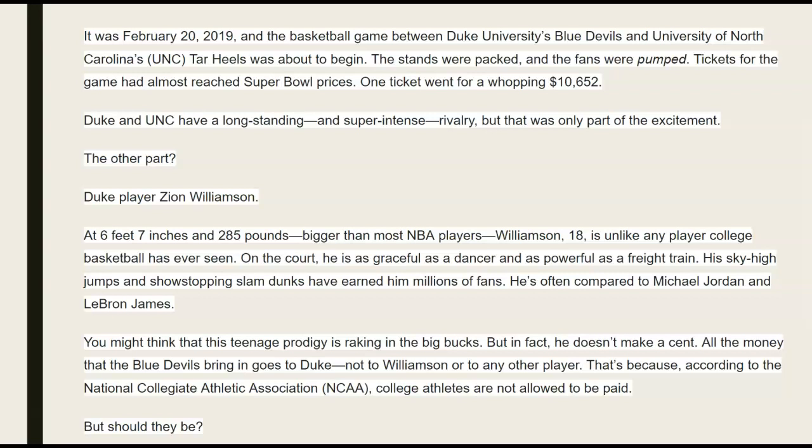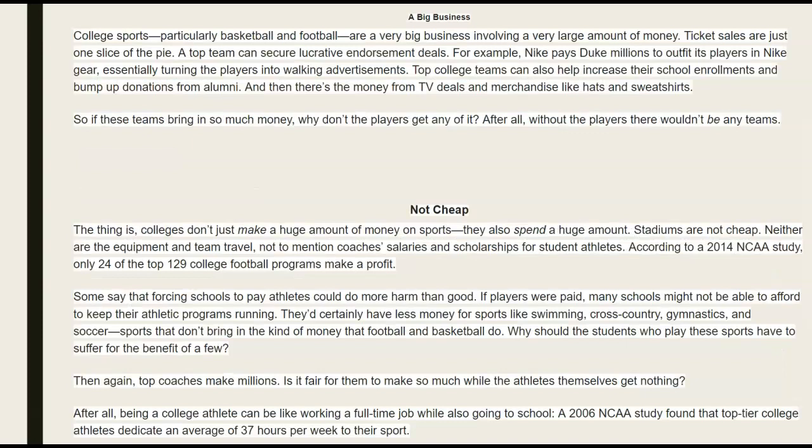He's often compared to Michael Jordan and LeBron James. You might think that this teenage prodigy is raking in the big bucks, but in fact, he doesn't make a cent. All the money that the Blue Devils bring in goes to Duke, not to Williamson or to any other player. That's because, according to the National Collegiate Athletic Association, college athletes are not allowed to be paid. But should they be?